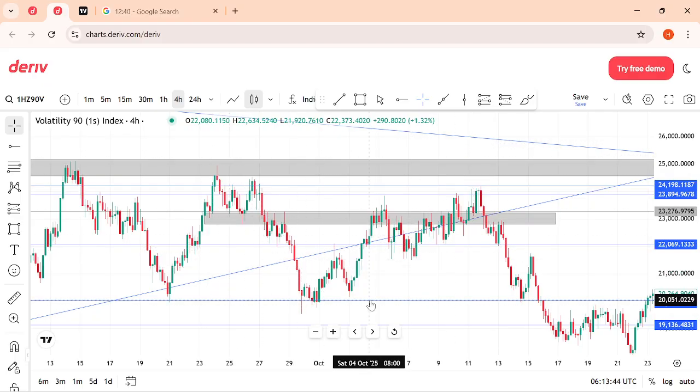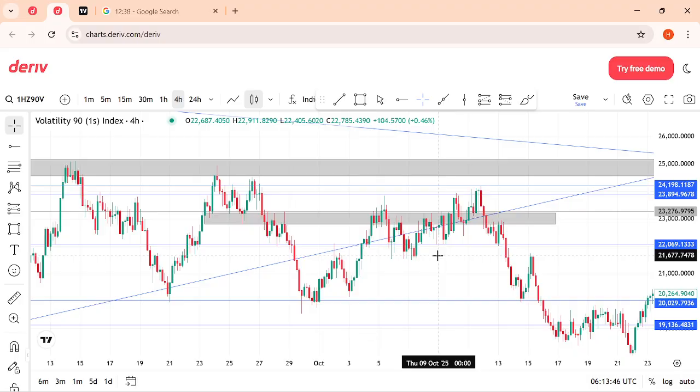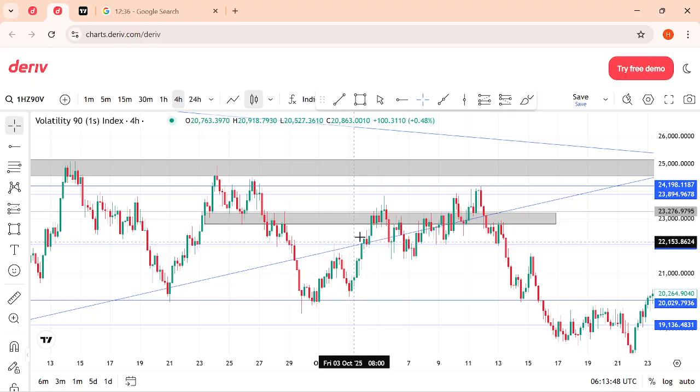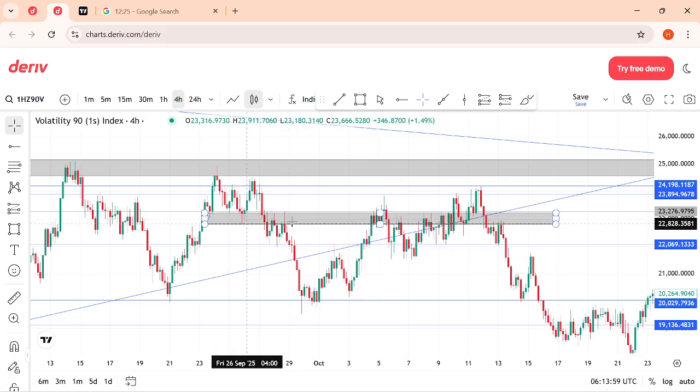You want to pick your entry based on trend line confirmation, you understand? Or you want to pick your entry based on rejections. You get. So there are different methods to pick your entry. Now, once it gets into this mitigation, one thing we begin to look out for is entries.